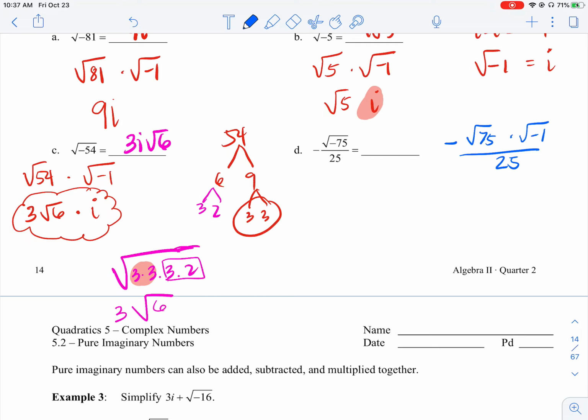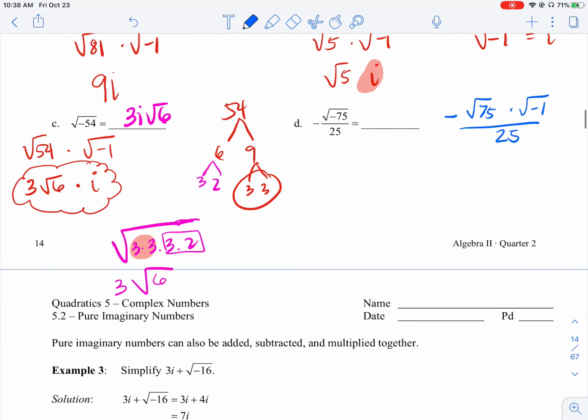No, no, not the square root of 25. And let's make a factor tree of 75. What's 75? 25 and 3. This is 5 and 5. Double goes up the parenthesis. 5 goes outside the radical. 3 goes inside the radical.